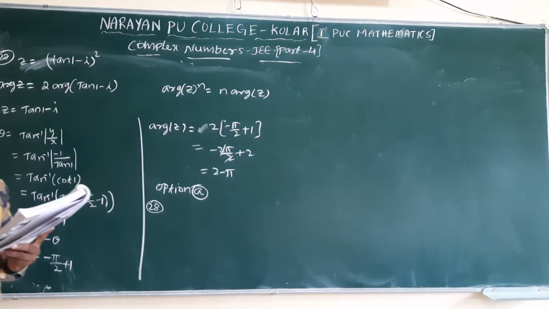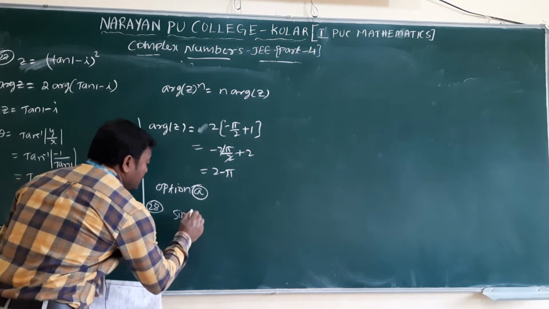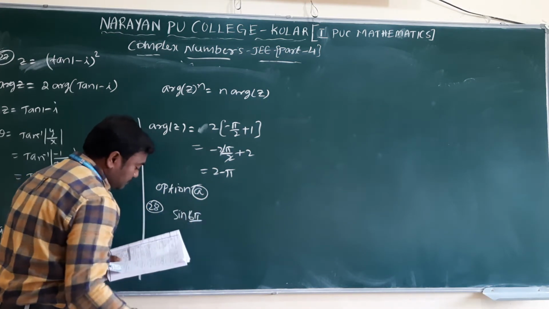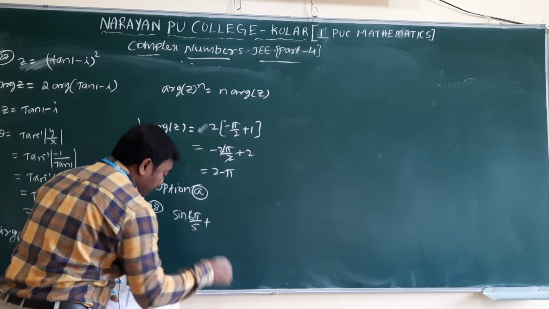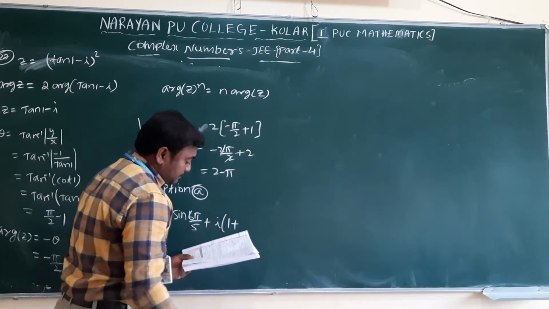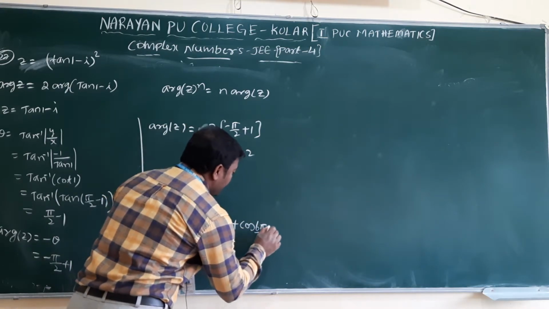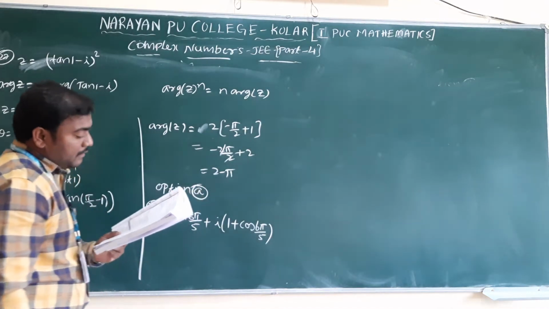The argument of the complex number sin(6π/5) + i(1 + cos(6π/5)) is?